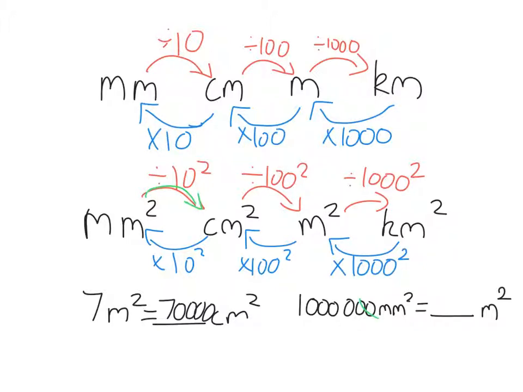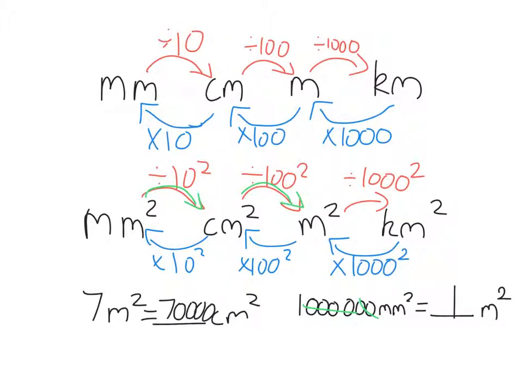Now it's in centimeters squared. I then need to divide by 100 squared, which is 10,000, to get into meters squared, so I need to cross off 4 more zeros. It turns out that 1,000,000 millimeters squared is the same as 1 meter squared.